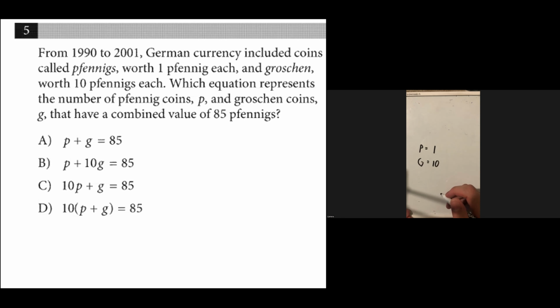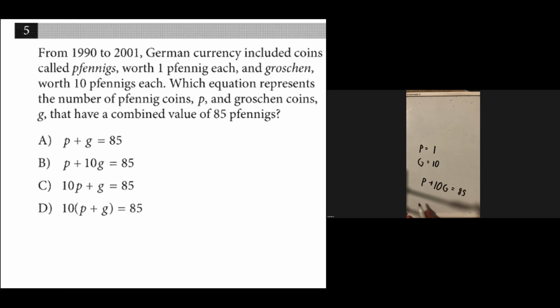And so it asks which equation represents the number of P and G, which have a combined value of 85. So combined value means the value of P, which is 1, plus the value of G, which is 10, has to equal 85.